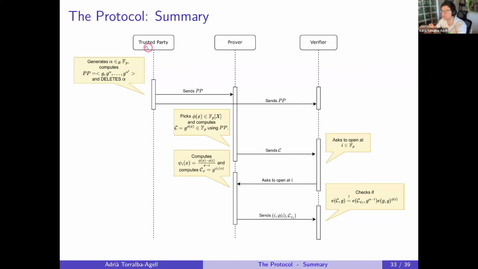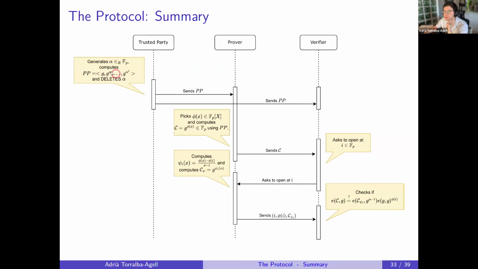In the first phase, the trusted party generates alpha randomly in the field and computes the public parameters for both the prover and the verifier, and deletes alpha. It is very, very important that the trusted party deletes alpha, so nobody, not the prover, not the verifier, not even the trusted party, knows alpha.